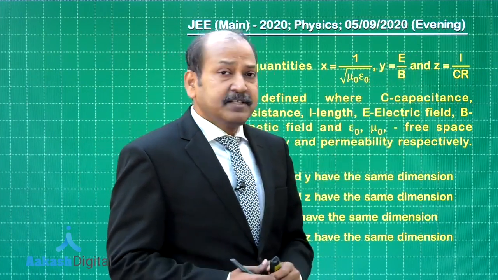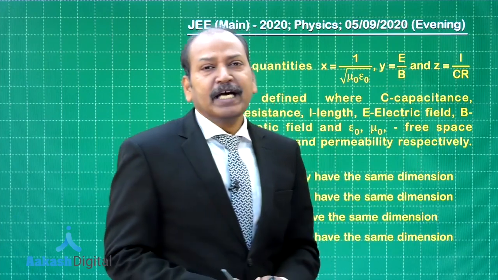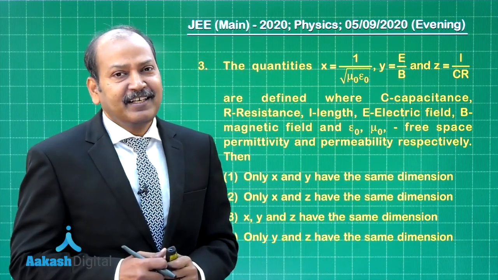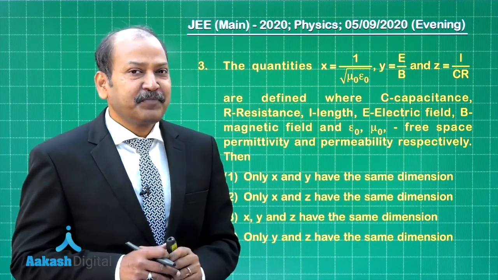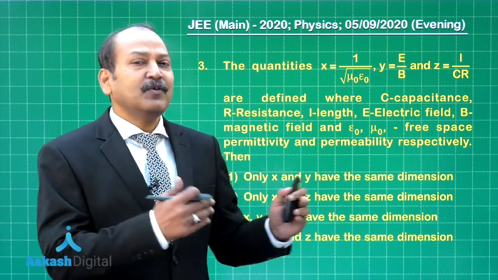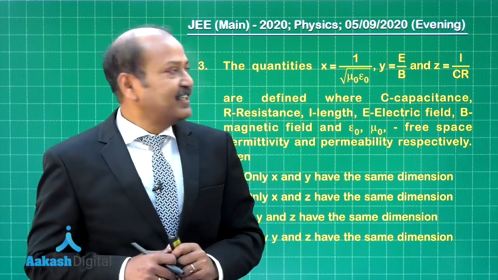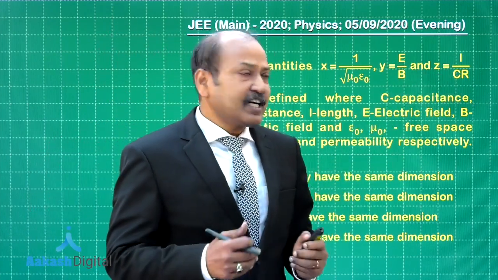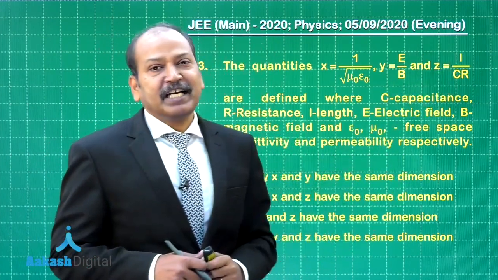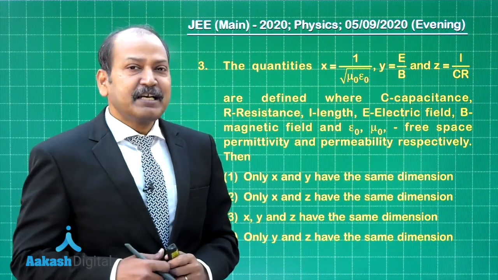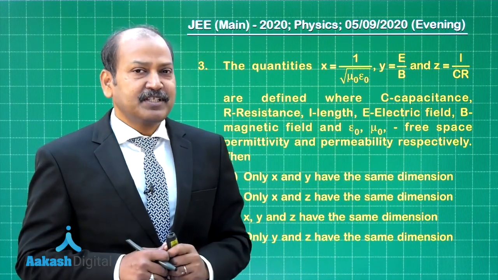And what about z? Well, we know that CR or RC is nothing but the time constant of an RC circuit. That is how the expression is given. So, the unit of RC is second. So, dimensionally it is the same as time. L by time in fact has the same dimensions as that of velocity.